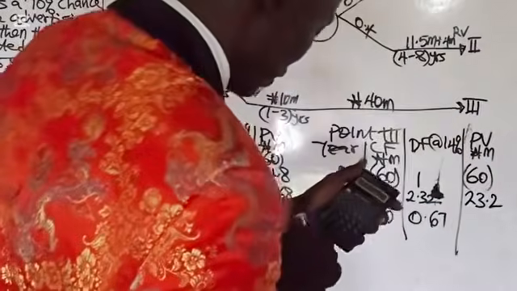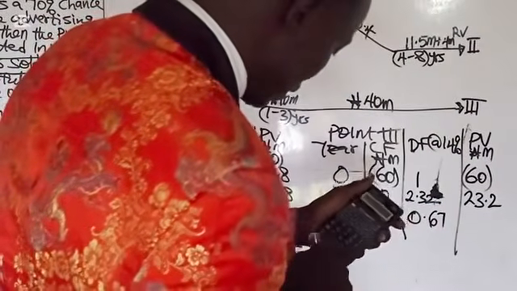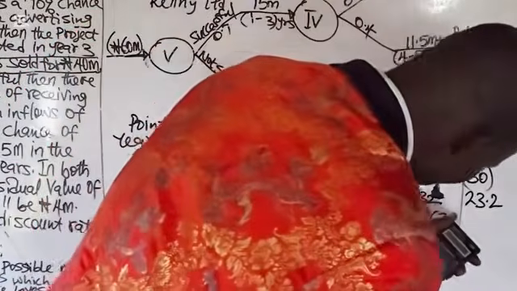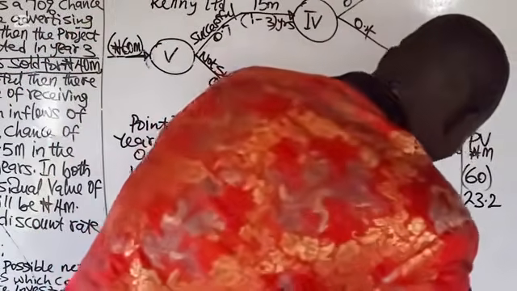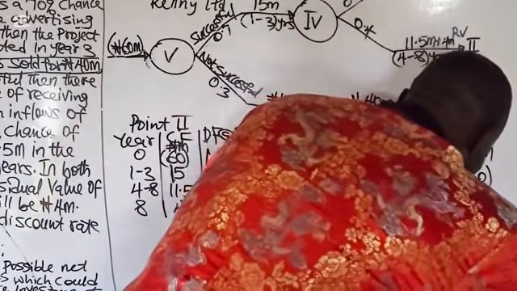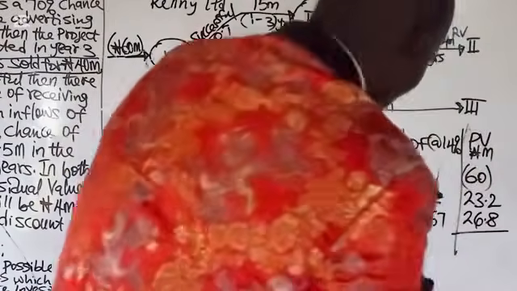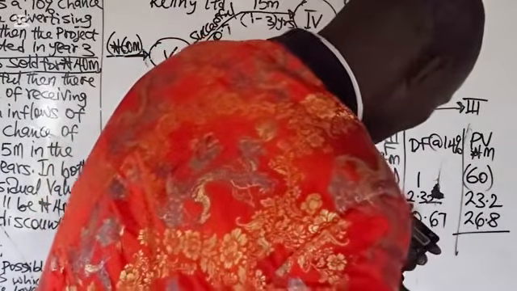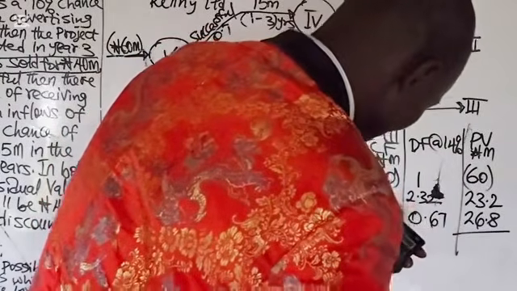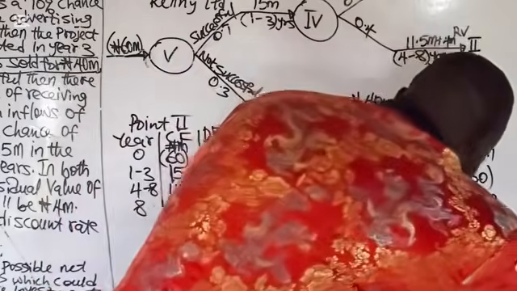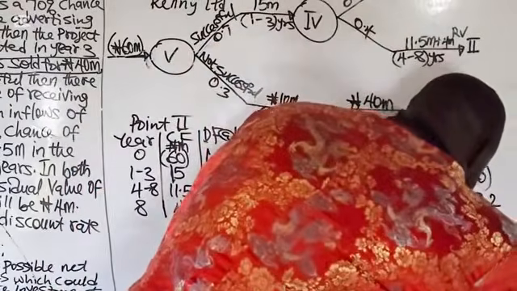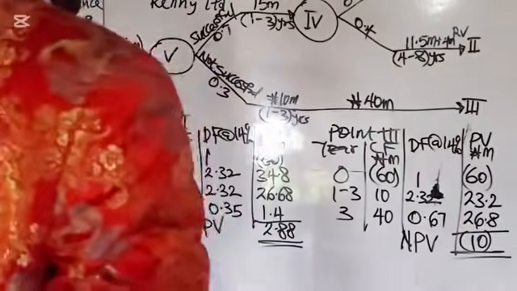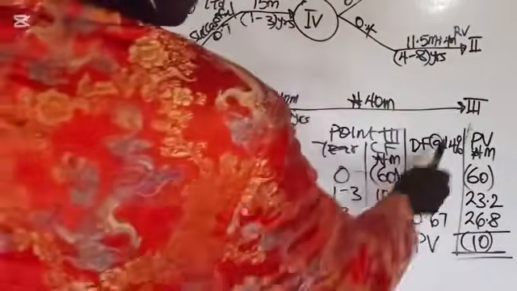Then 40 times 0.67 gives us 26.8. So the net present value is plus 26.8 plus 23.2 minus 60. That is equal to 10 million negative. So that is the net present value for point 3.